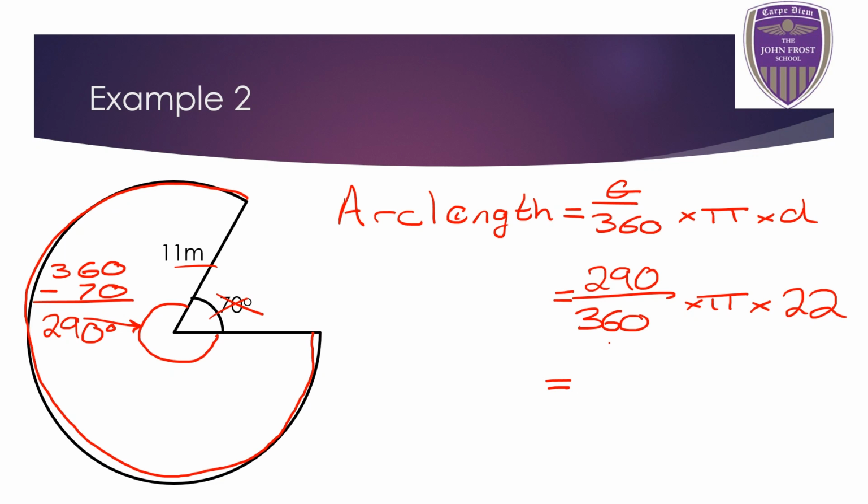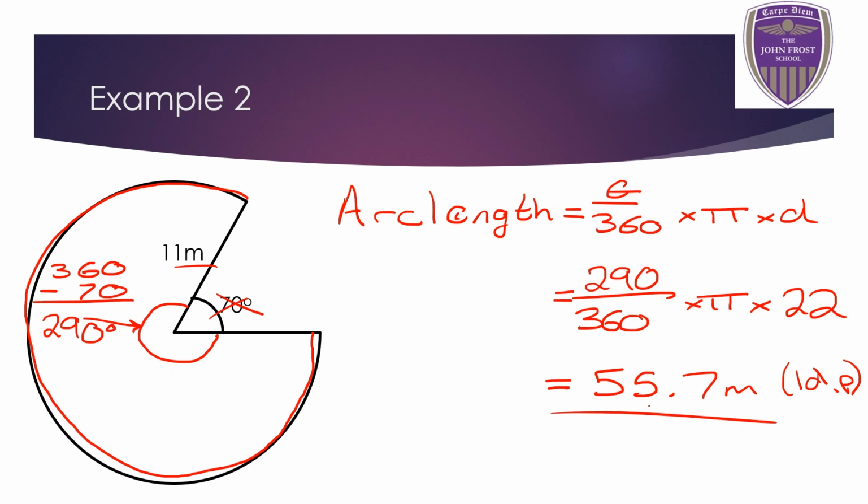If you type that into your calculator, you should get 55.7 meters, not centimeters, make sure you look at your units. 55.7 meters. And that is also rounded to 1 decimal place. Okay?